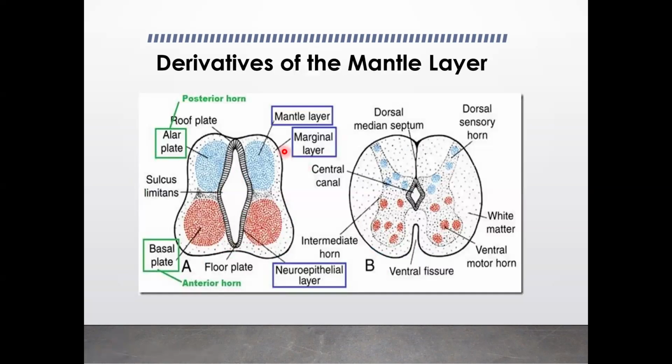So just to show us the derivatives of the mantle layer, you can appreciate the alar plate, the basal plate. So the basal plate will give us the ventral horn, and this ventral horn is motor in nature. So we can actually appreciate its ventral motor horn. Then the alar plate will give us now the sensory or the dorsal horn.